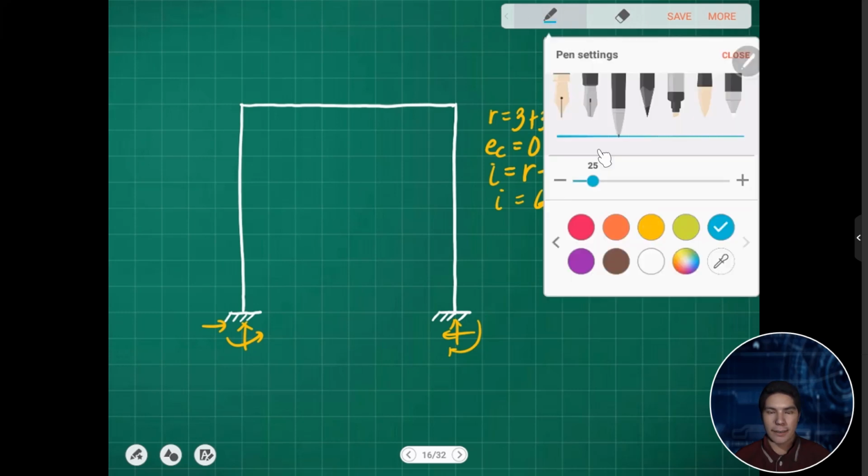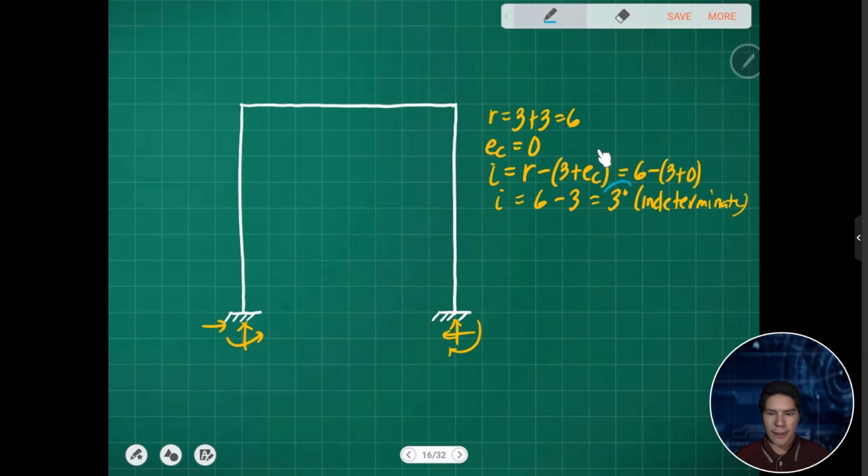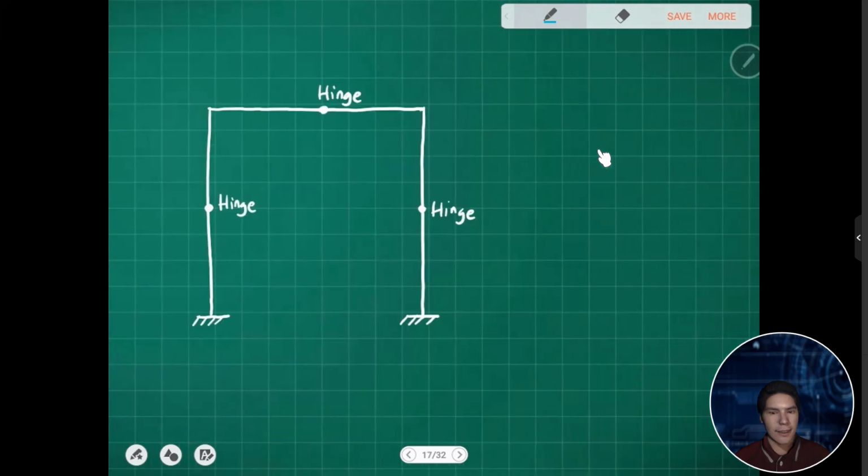So it means that we need 3 internal hinges in order to make this structure determinate, and for us to analyze it using equilibrium equations. So for instance, in this one, I just added internal hinges. If we count again the number of reactions, we have 3 plus 3, so we have 6.